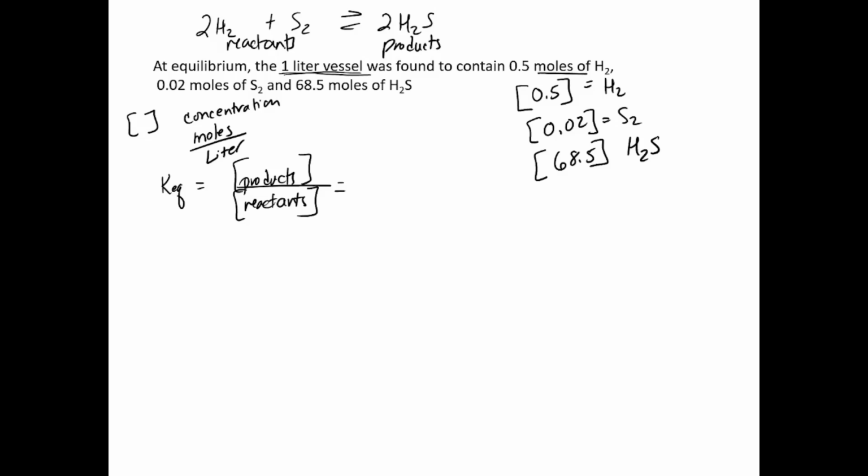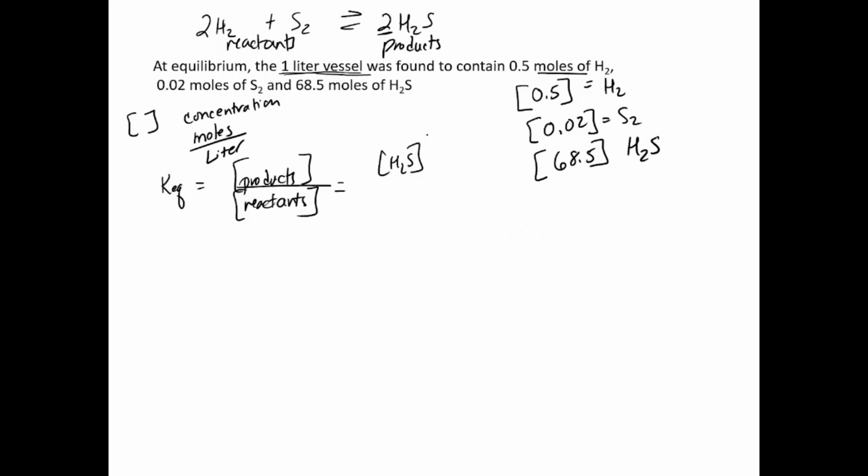Okay, so in this case, our products are the H2S. But remember what's special about this particular equation. We've got this 2 as a coefficient in front of the H2S. So basically we have for every 2 moles of H2 and 1 mole of S2, we get 2 moles of H2S.